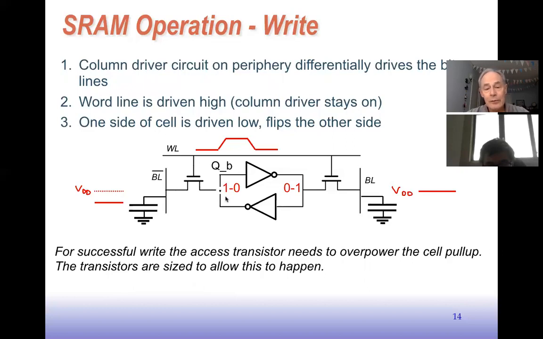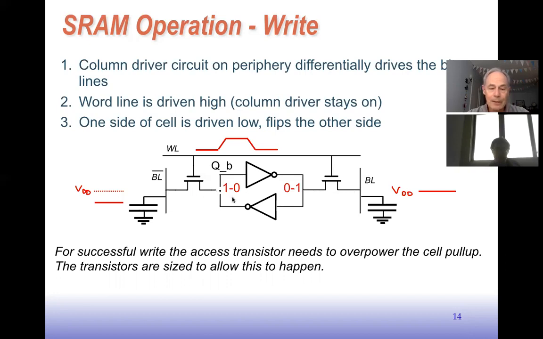So if we wanted to change the value in the cell from holding a 1 and a 0 here, this side we're calling Q bar, it's arbitrary. So this cell previously was holding a 0 because Q is 0 and Q bar was 1. And if we want to change its state, we could drive this bit line to a 0 and this bit line to a 1, and then turn on the word line. And what that would do is force the value into the cell here.